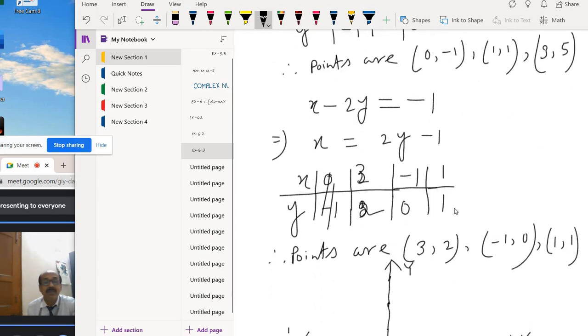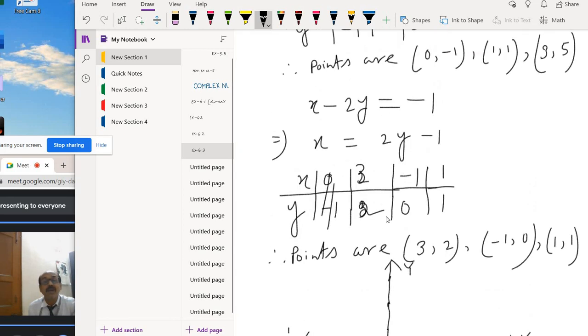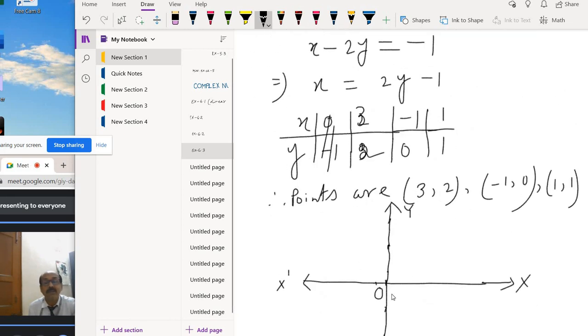First point, (0, -1). Here, like this. Okay, draw this. Now plot the points. (0, -1), first point. Then the second point is (1, 1), x1, y1, like this.